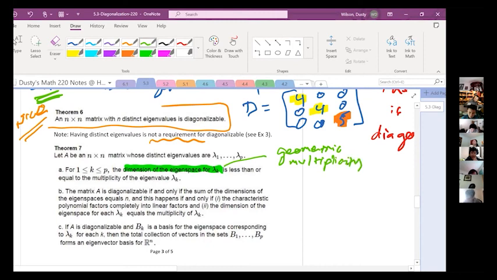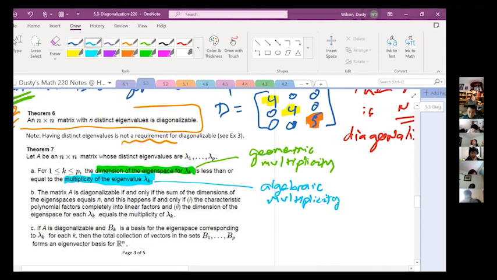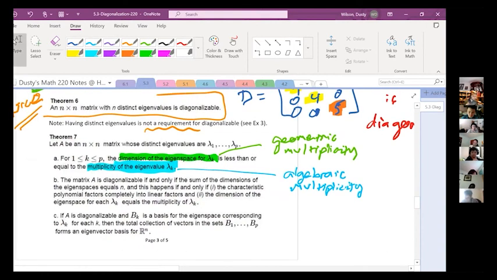And the multiplicity of the eigenvalue, I don't remember what color I used, I think I used blue, this is a reference to the algebraic multiplicity. But this particular book just uses the word multiplicity once. They don't have the more nuanced definition.